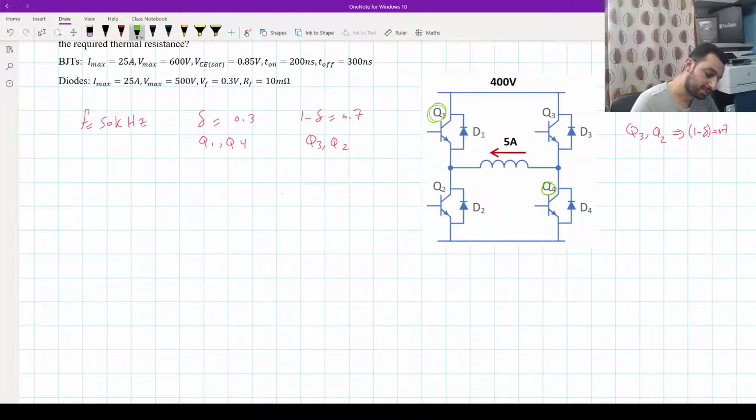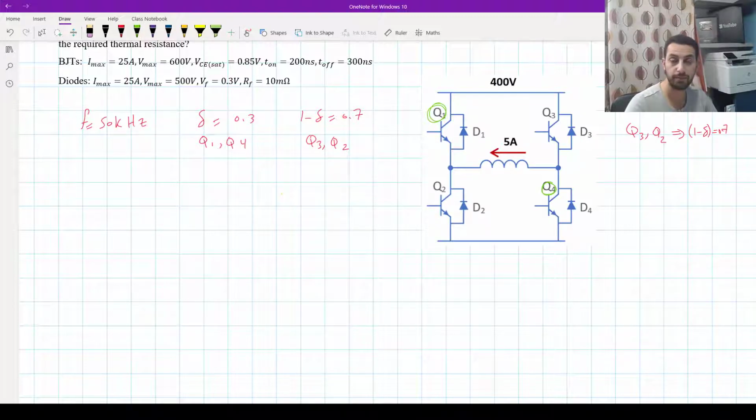The current will not go through the inductor in that direction, because the question is giving us the current direction that this inductive load is maintaining. So I can say this is a heavily inductive load, and we can model it as a current source, and the current is pointing from right to left. After looking at this direction, our transistors Q1 and Q4 will not be able to conduct in that direction.